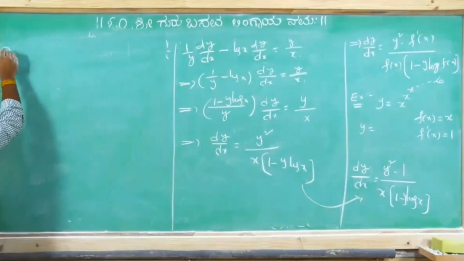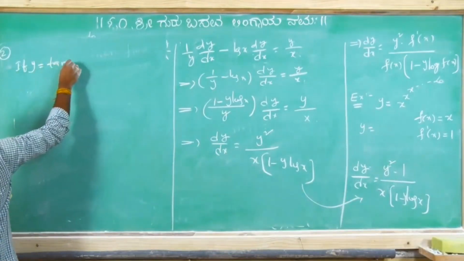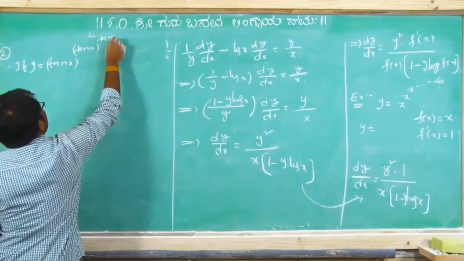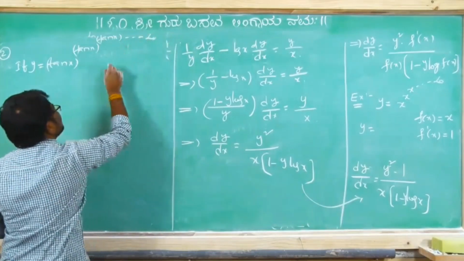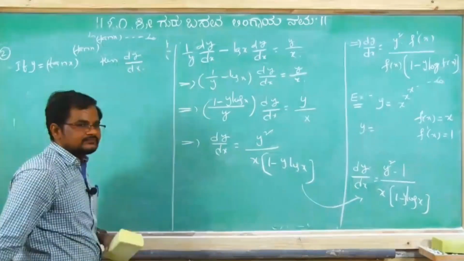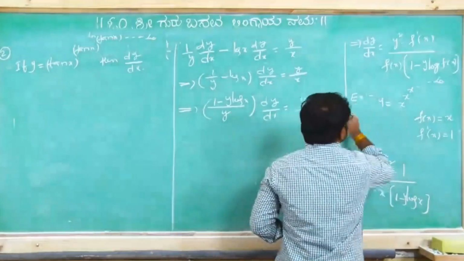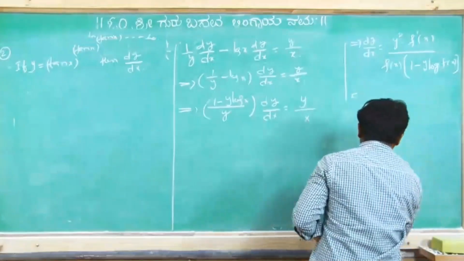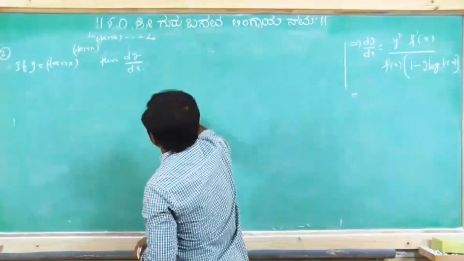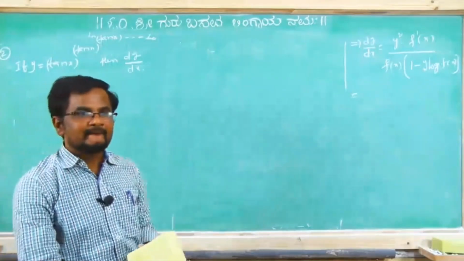Second, one more example for this one. Suppose they give y equals tan x power tan x power tan x up to infinity, then find dy by dx. First, in theory, what do we have to do?